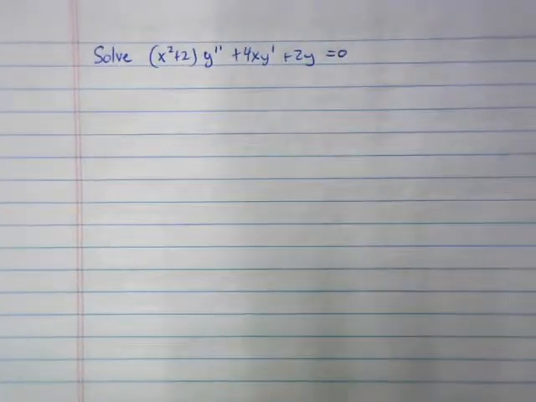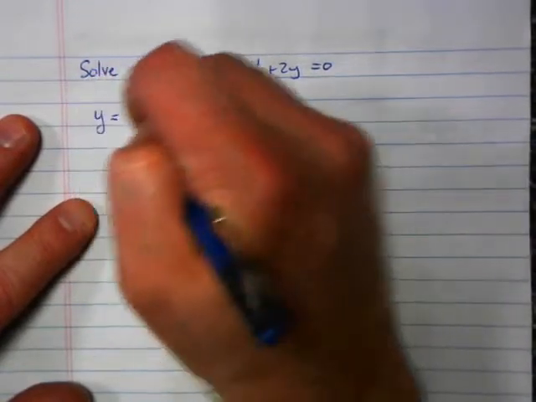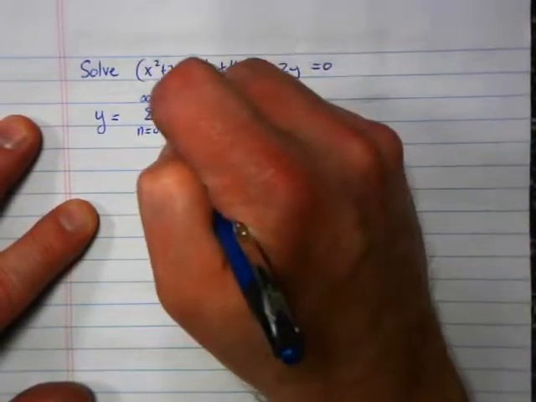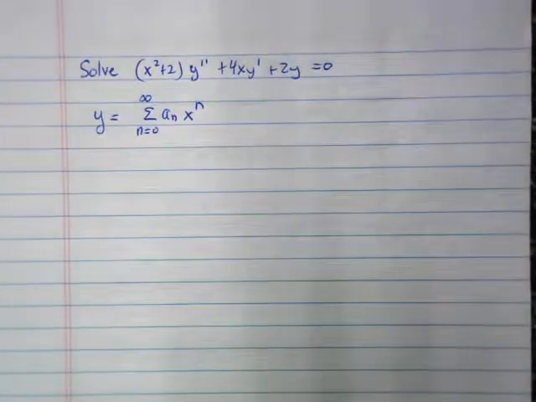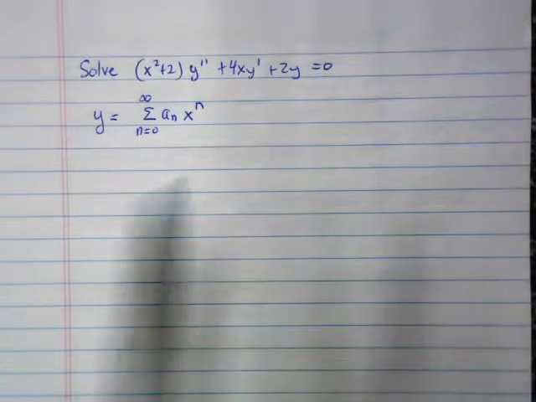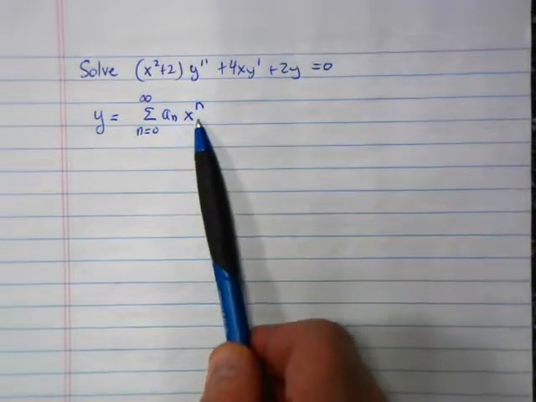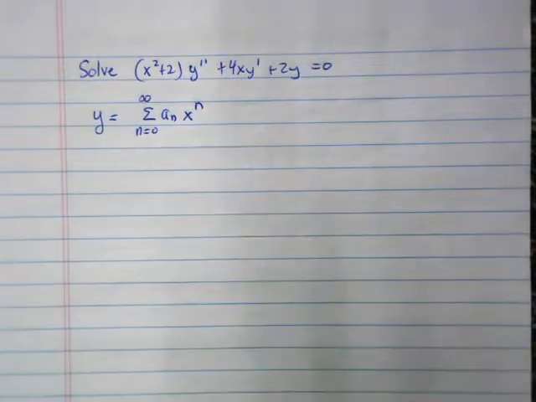We are always going to find power series centered at 0. In other words, our answer is going to look like y equals the sum from n equals 0 to infinity of a sub n x to the n. It's just easier than if we wanted to center it at c equals 3, we'd have to have x minus 3 to the n there. Just makes it a little easier to have x to the n.